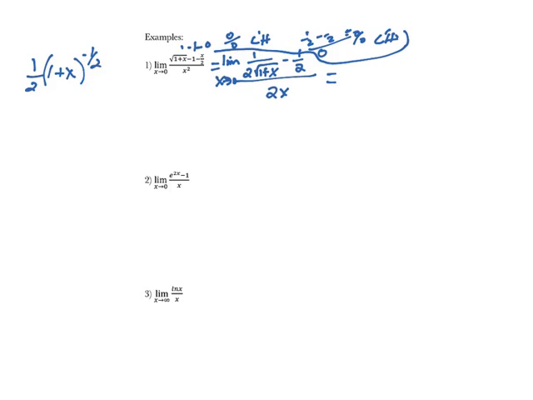So the derivative of that would be negative 1/4 over the square root of 1 plus x cubed, and the derivative of 1/2 is 0, and on the bottom I would have 2. Now when I plug 0 in, I don't need a limit in front anymore. I have the square root of 1, cubed is 1, so I have negative 1/4 over 2, and so that would be negative 1/8 for my limit.